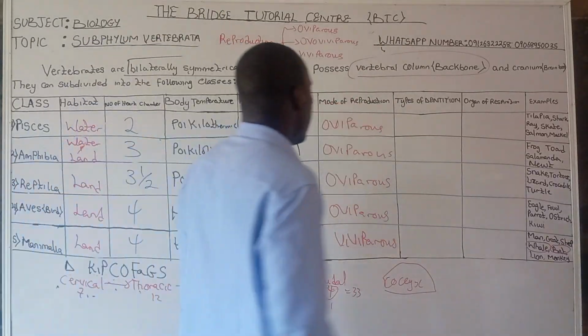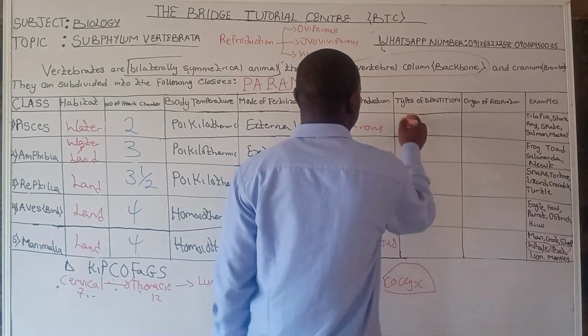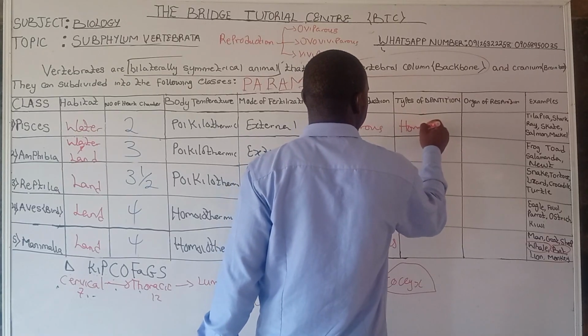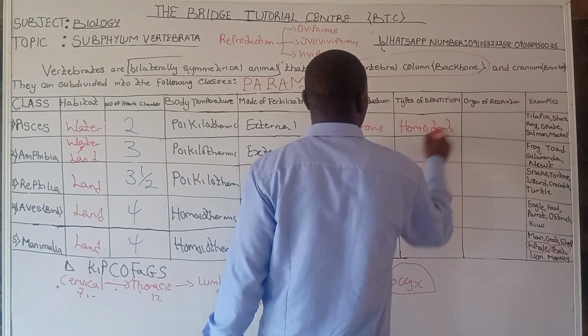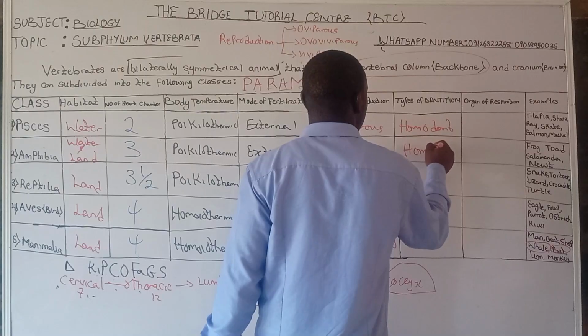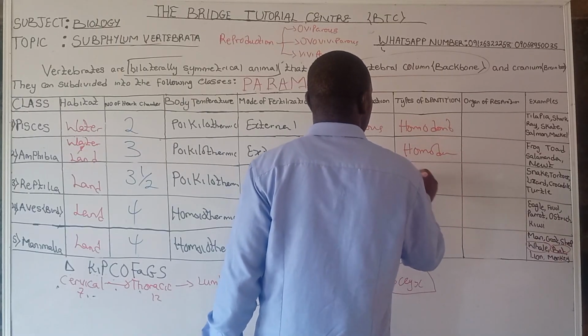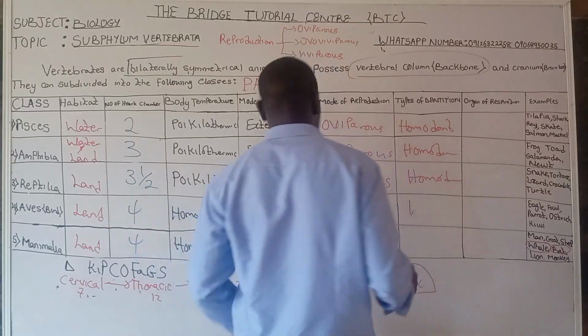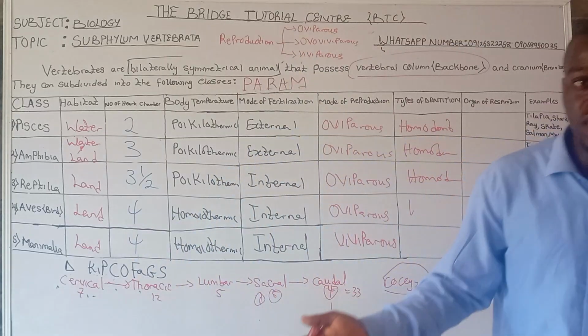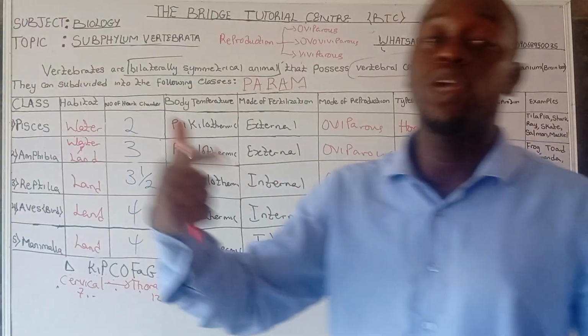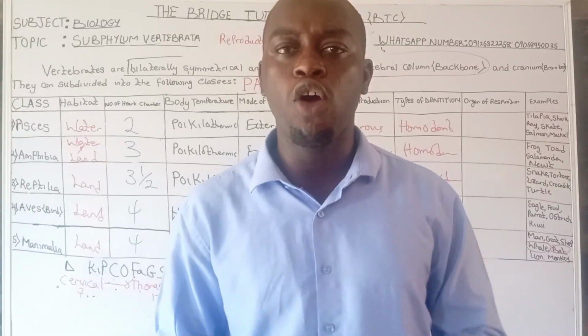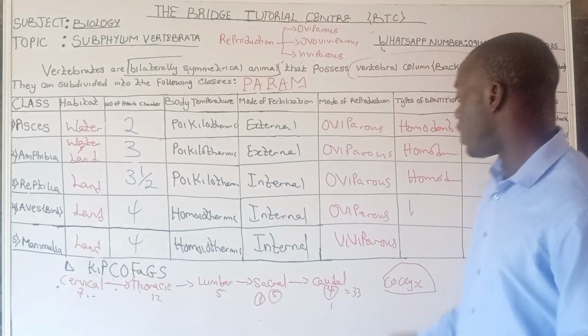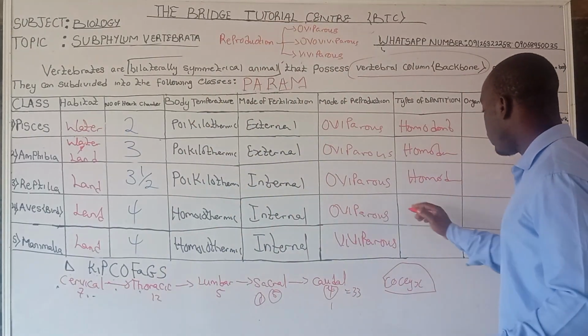So based on this, let us classify. The first one, Pisces, is homodont. The next one is also homodont. We have homodont. We have homodont. And then Aves, they don't have teeth. Instead of using teeth to grind their food, they use an organ called the gizzard.